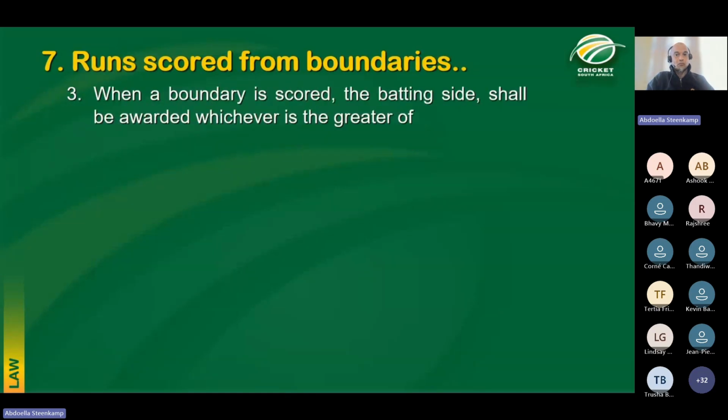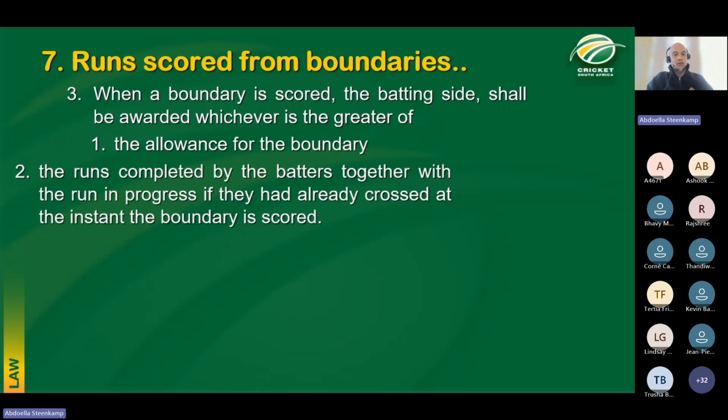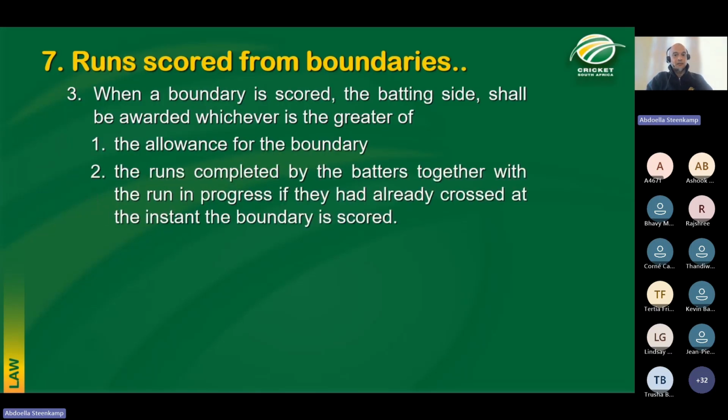When a boundary is scored, the batting side shall be awarded whichever is the greater of either the boundary or the runs completed by the batters, together with the run in progress if they crossed at the instant when the ball touches the boundary.